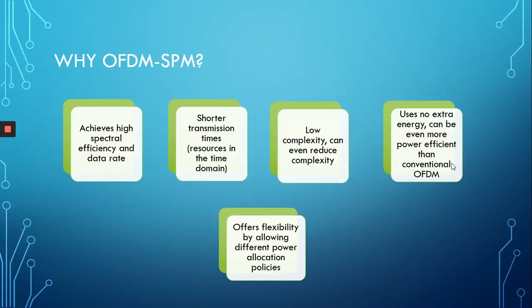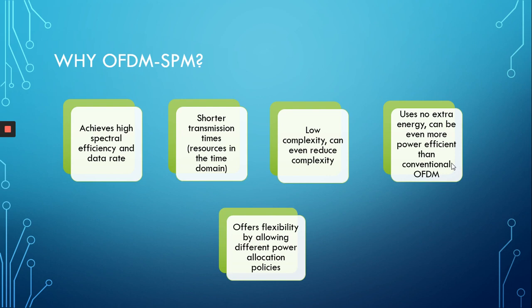So speaking about these criteria, this brings us to why OFDM-SPM. Why do we think that OFDM-SPM will be a suitable modulation technique for future 5G and 6G communication systems? Well, OFDM-SPM is able to achieve high spectral efficiency and data rates. It offers shorter transmission times, such that it uses less resources in the time domain. It has low complexity. It can even reduce the complexity if necessary.